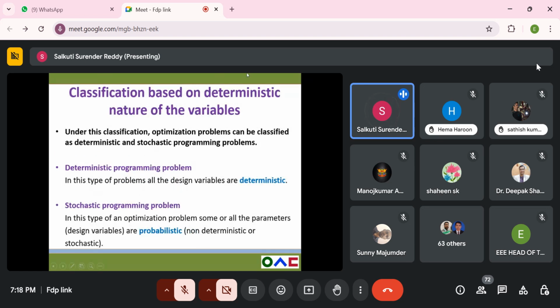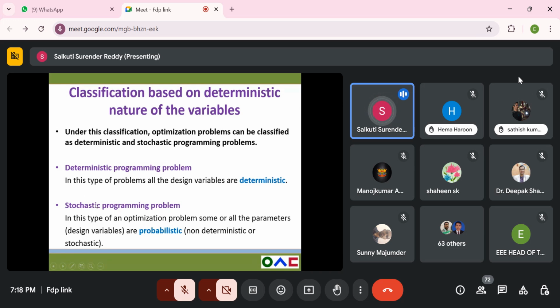Again, classification based on deterministic nature of variables. If your design variables are deterministic, meaning they don't change with time, they are fixed, in that case you can use a deterministic programming problem. But in recent years, we use renewable energy sources and electric vehicles. In that case, the design variables are not deterministic.